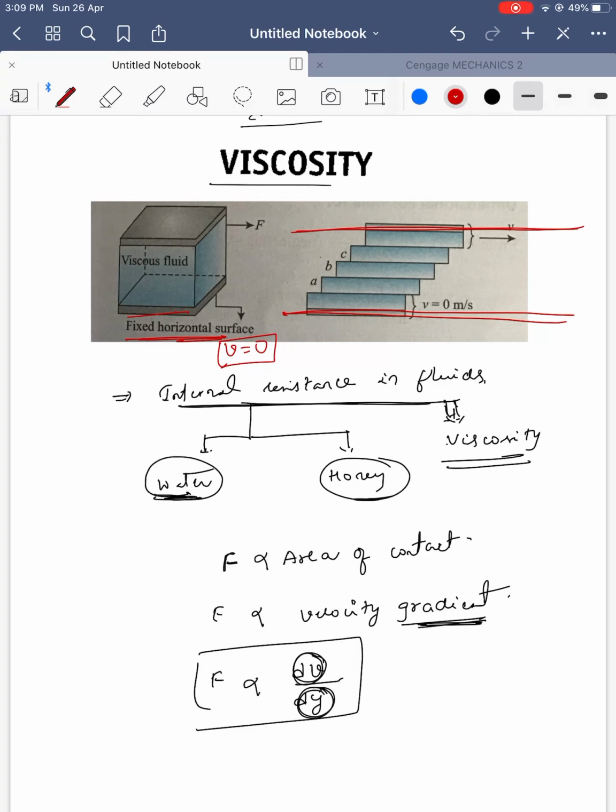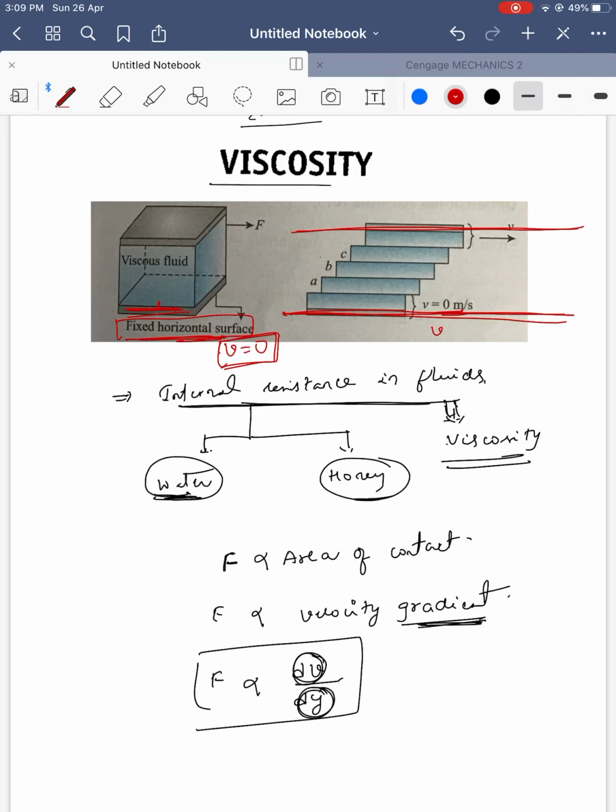The fluid velocity just immediately after the surface is the velocity of the surface. Listen again, liquid velocity just after the surface is equal to velocity of the surface. In this case, the fixed horizontal surface has velocity 0, so the liquid just after it has v equal to 0 meter per second. Why? Because it is a property of a liquid.